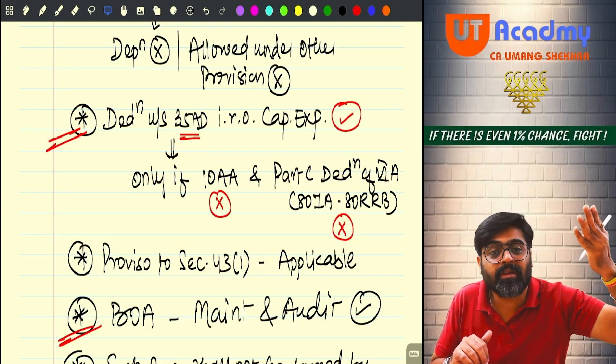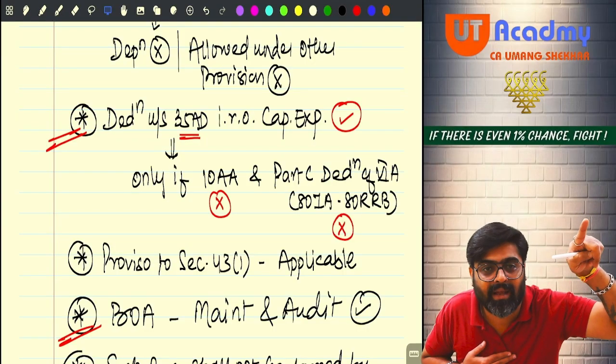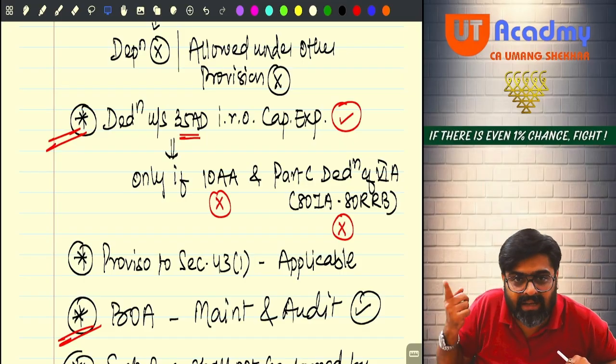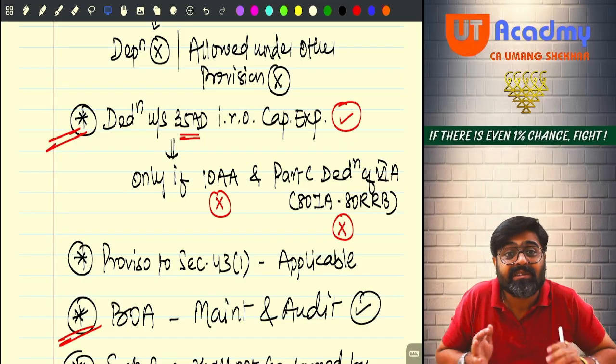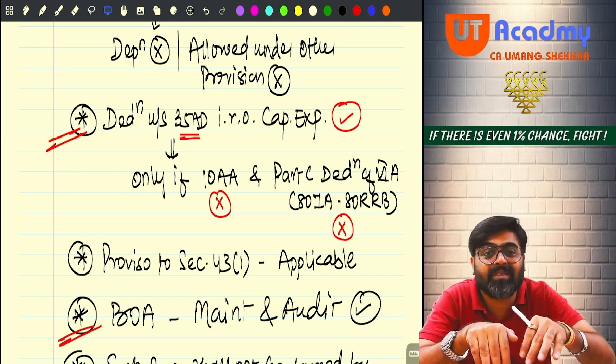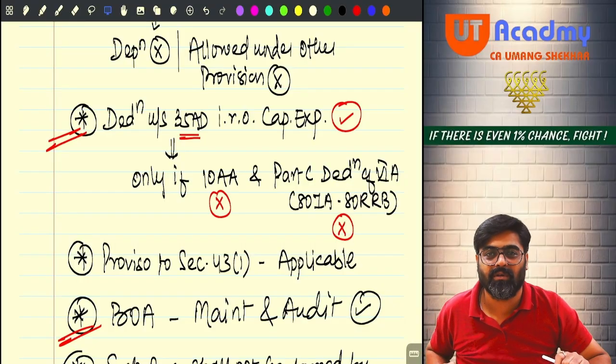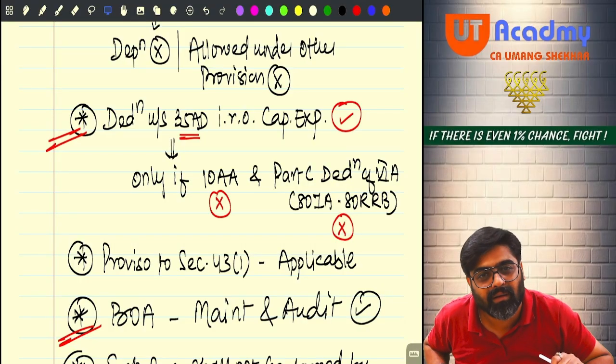Wait, sir. I have another business. For that business I can claim 10AA, and for this business I can claim 35AD. Then it is allowed. But for the same business, if 35AD is available and 10AA is also available, you have to choose between these two. Getting my point?